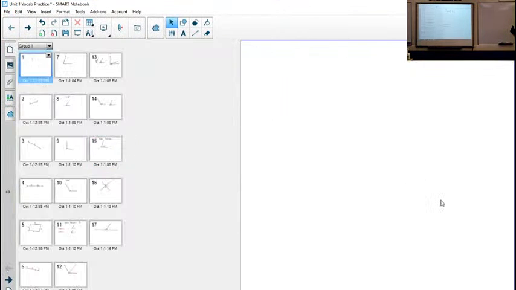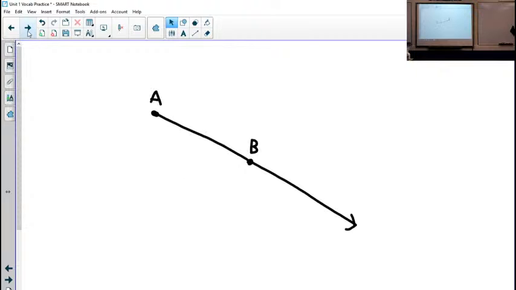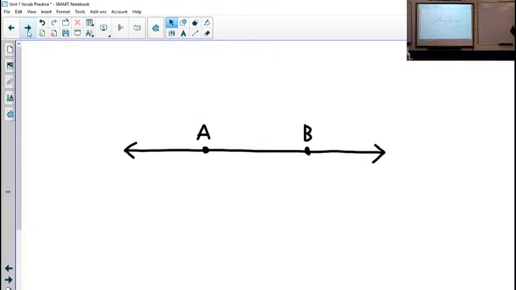From the top. A point. A segment starts at one point and ends at another. That's a ray, going forever in one direction, and then going in both directions, that's a line.